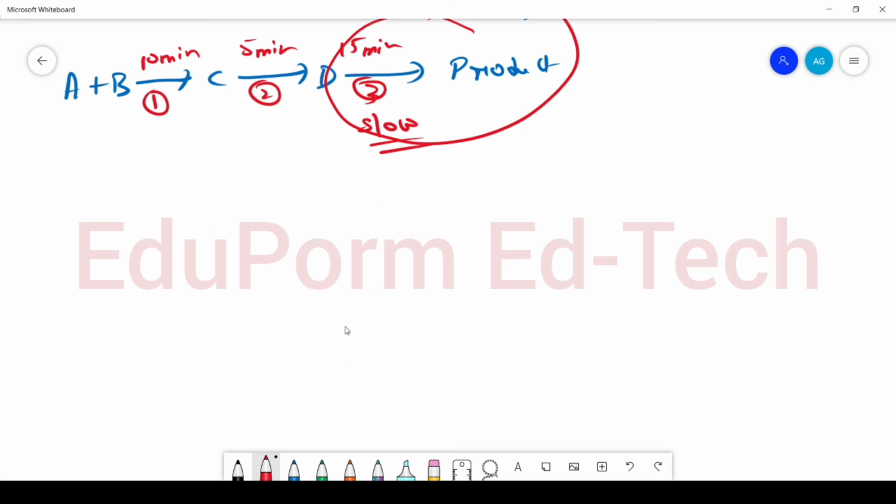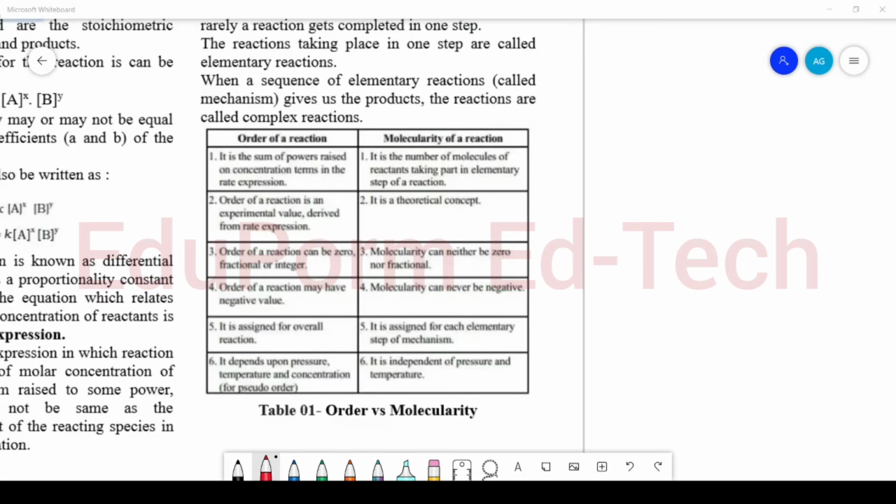Now let's study the difference between the order and molecularity of reaction. So as we discussed, the order of reaction is the sum of powers raised on the concentration terms in the rate expression.